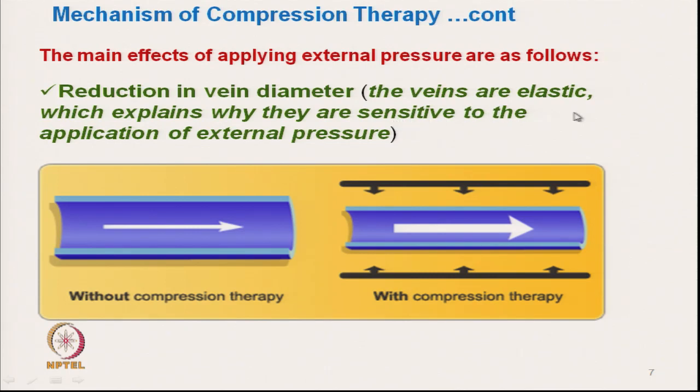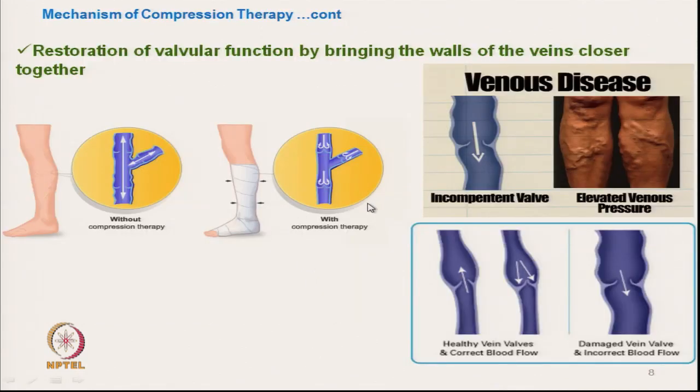The veins are elastic, which explains why they are sensitive to application of external pressure. So, as these are elastic in nature, they will get compressed and the diameter of the veins will reduce. So, this is the process.